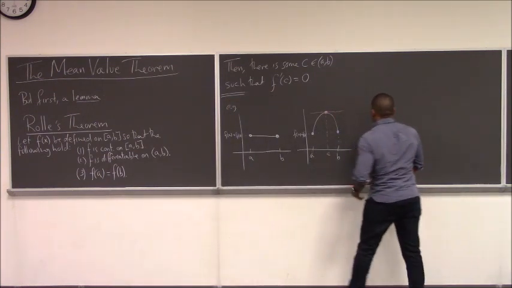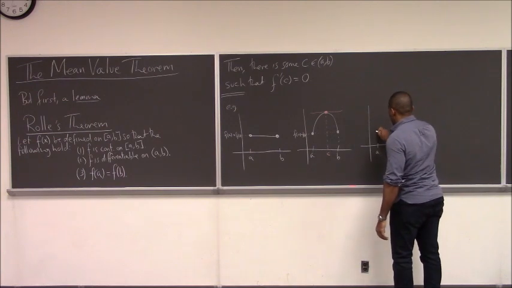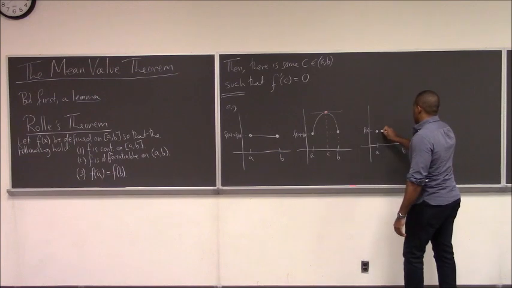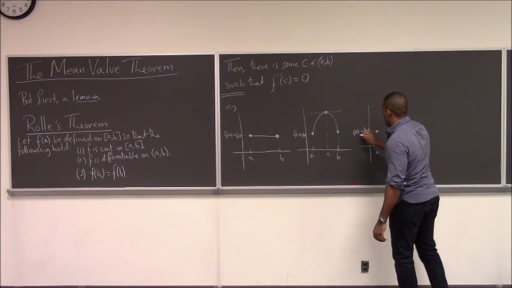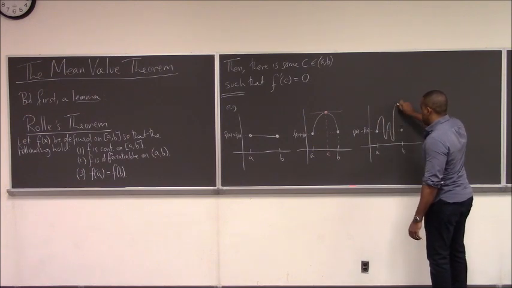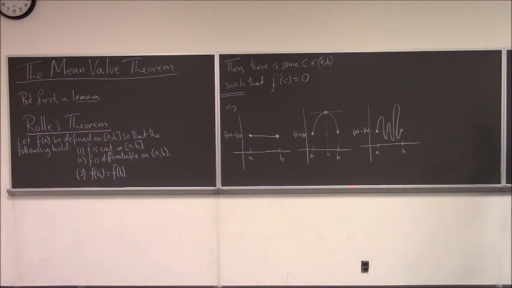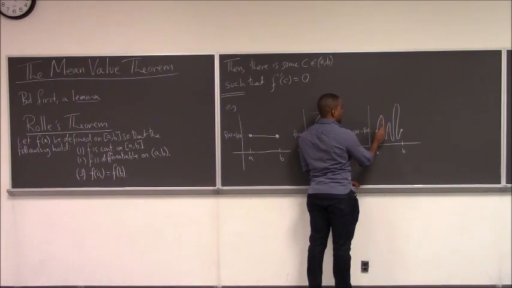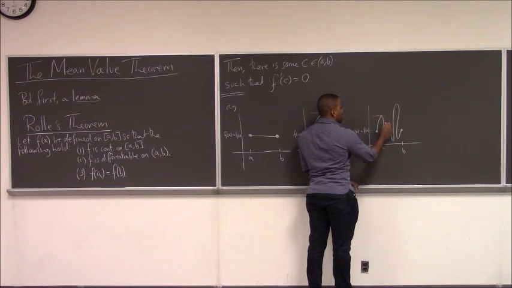Or the function can do essentially anything it wants, but as long as its first y value, f of a, is the same as the second y value, f of b, no matter what it wants to do in the middle, as long as it keeps continuity and doesn't have any sharp corners, there will be at least one point, for example here, where the derivative will be 0. In this case, we have several such points.